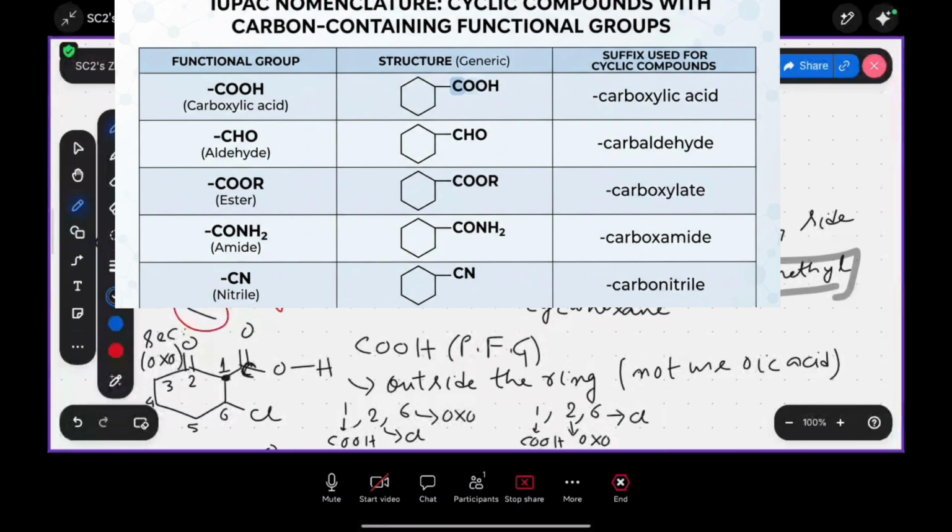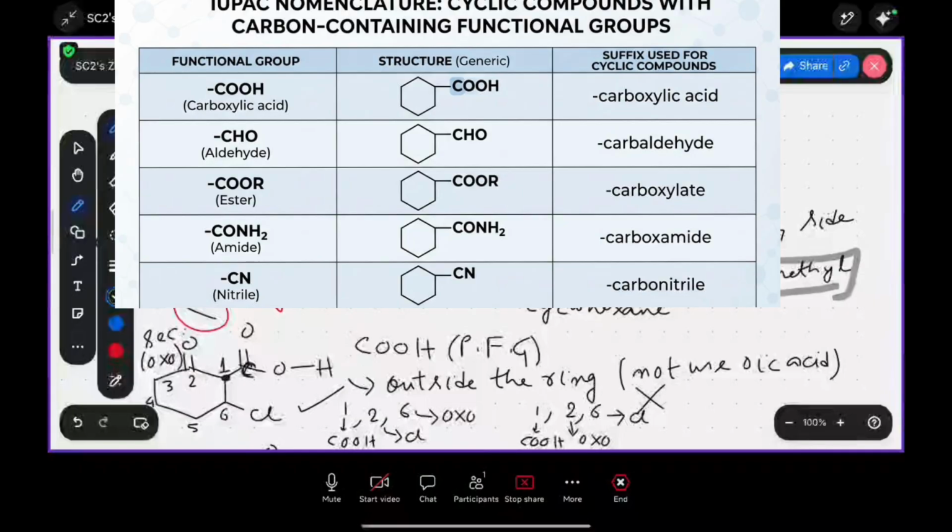Mane chloro C age ashe. So chlorine will get the locant 2. Oxo O comes later, so it will get the higher locant 6. That means this one is the correct one and this numbering is wrong.